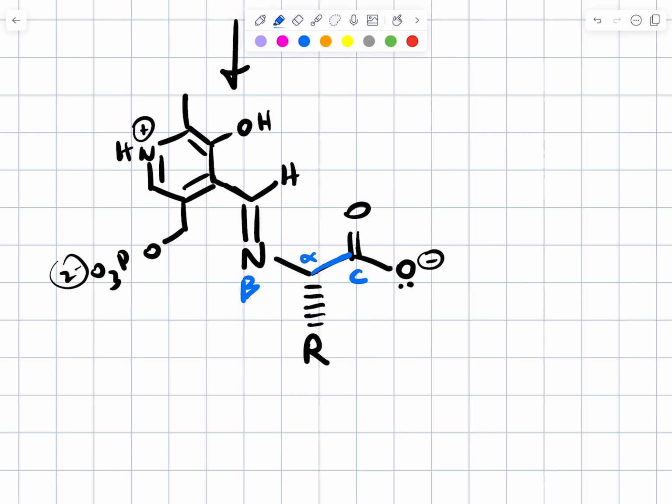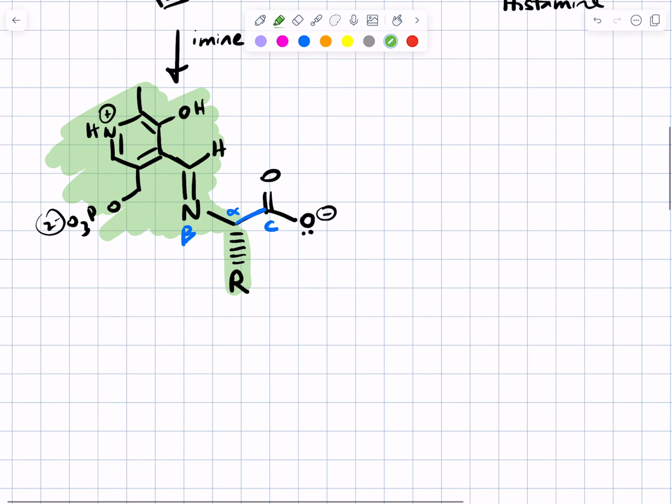Indeed, all of what I'm going to highlight in green now becomes part of a good leaving group. And the reason it's a good leaving group is because the resulting negative charge on what's now the alpha carbon is going to be resonance stabilized.